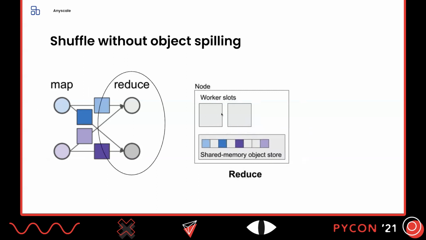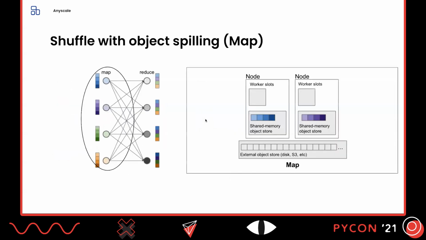So these reduce tasks are scheduled, and you can see the first square in the first map task and the first square in the second map task are going to be gotten by the first reduce task. You can see this light blue and light purple is obtained by this reduce task, meaning now this reduce task can do some operation with shuffle data.